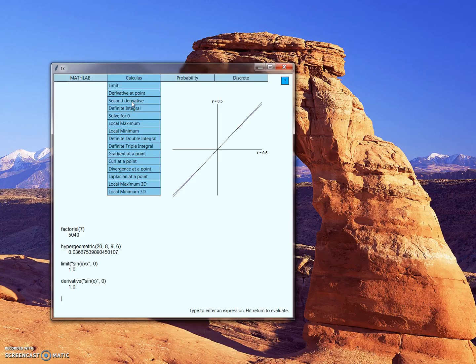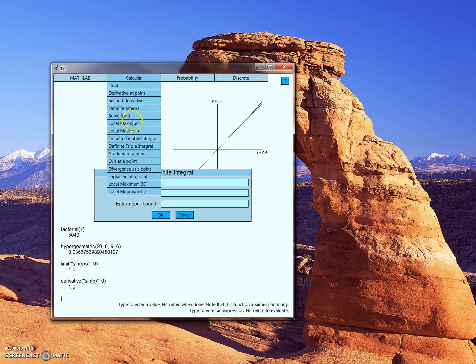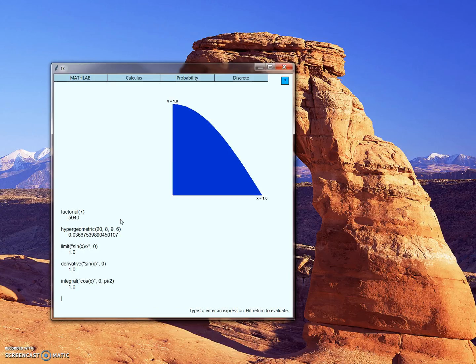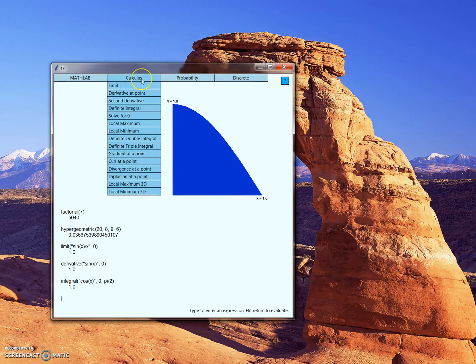The second derivative function also utilizes a limit definition, and the same thing for the definite integral. For example, if we take the definite integral of, let's just say, cosine x from 0 to pi over 2, we should find that the definite integral is 1, as we would expect, and we can see that in this picture as well.